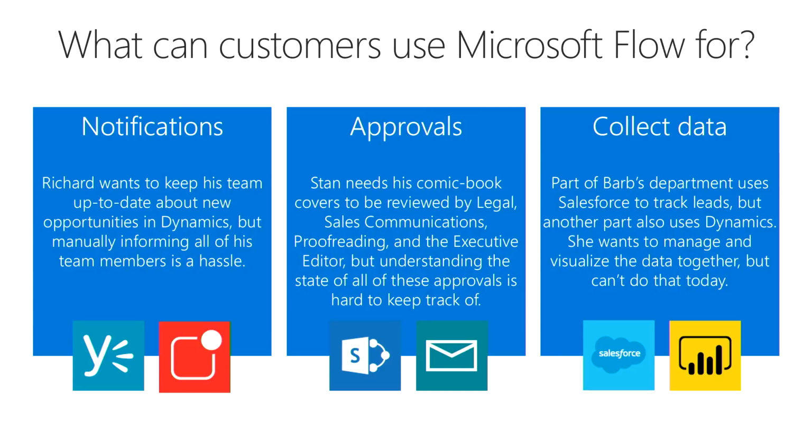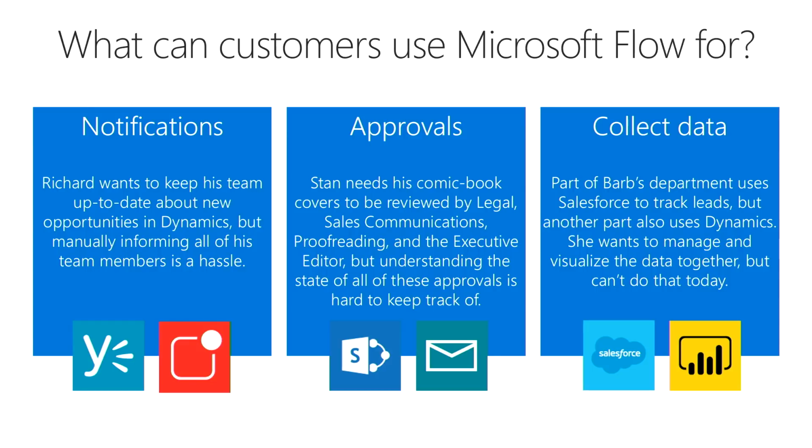Again, examples are some of the best ways to figure out how you might use these. Some of the ways that we've seen people using Microsoft Flow is notifications. We all have any number of systems where things happen, and throughout any day, I may need to interact with 5 or 6 of them, but I don't always keep them all open, but I sometimes need to know when something happens.